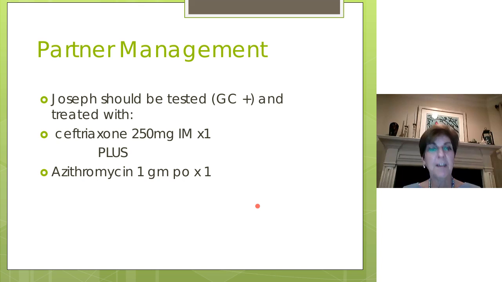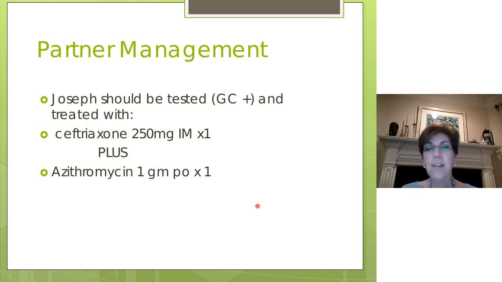So if you see gonorrhea, it is ceftriaxone and azithromycin. Chlamydia is azithromycin or doxy. Syphilis, penicillin is always going to be number one. Herpes is going to have all the cyclovirs.